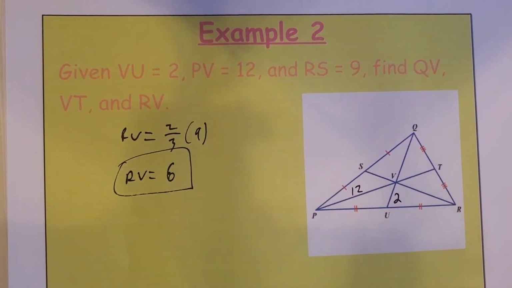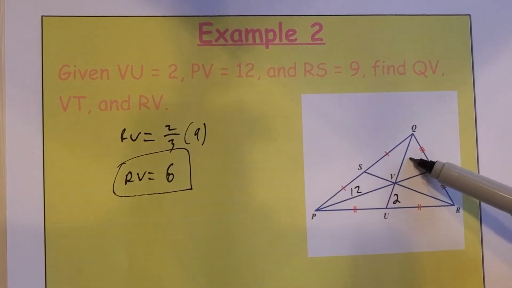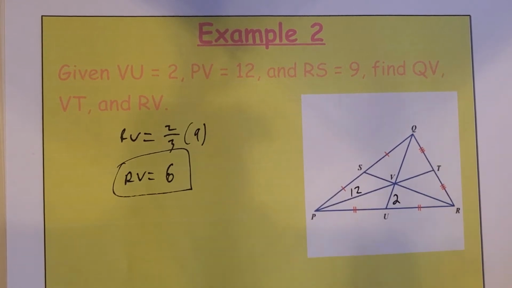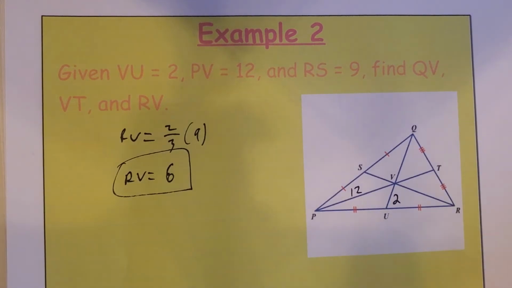We have to figure out a relationship between VU and QV, comparing the scale factors 2/3 to 1/3. 2/3 is 1/3 times 2.